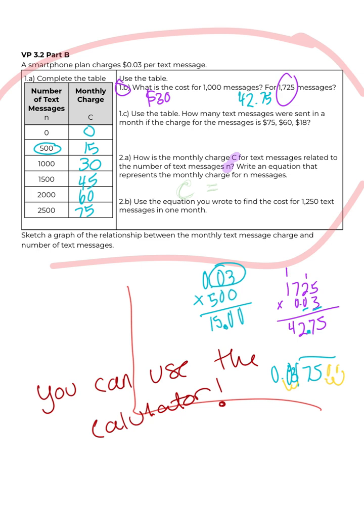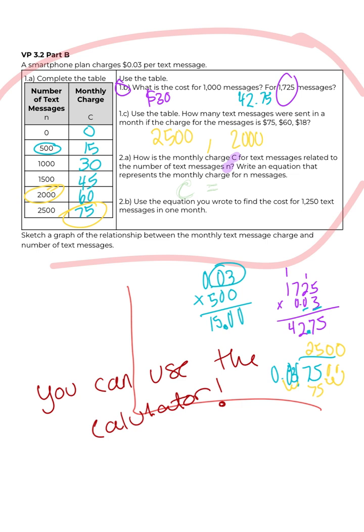So now you have 7,500, and then you can just divide that by 3. We know that 3 goes into 75 25 times, and then there's 2 zeros after that. You could also see that this was already $75, so that should prove your point as 2,500 texts.